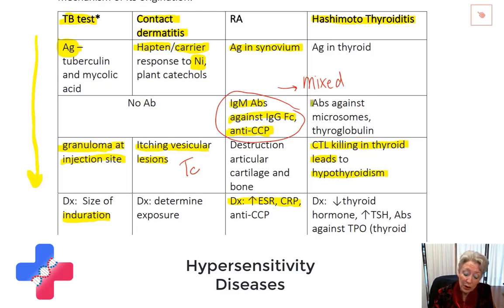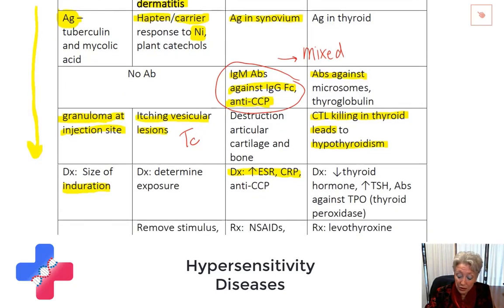I also spill over onto the humoral side and end up making antibodies against the debris of the dead cells from the thyroid. So I diagnose this by measuring thyroid function, decreased thyroid hormone, increased TSH, and then of course finding those antibodies against thyroid peroxidase, which result from the activation of the other side of the immune response.